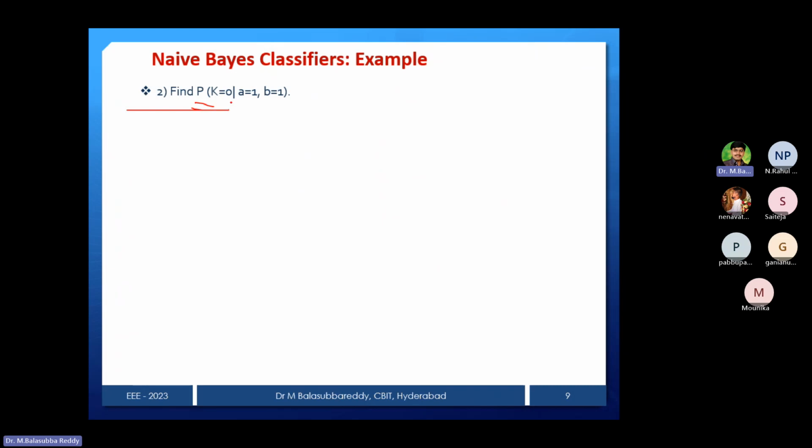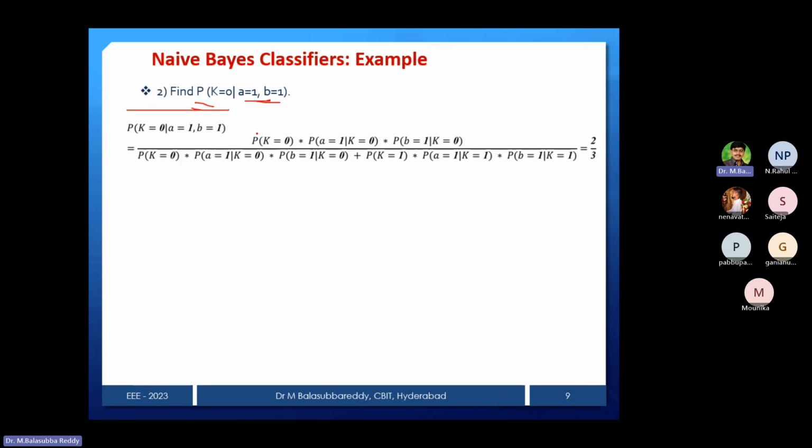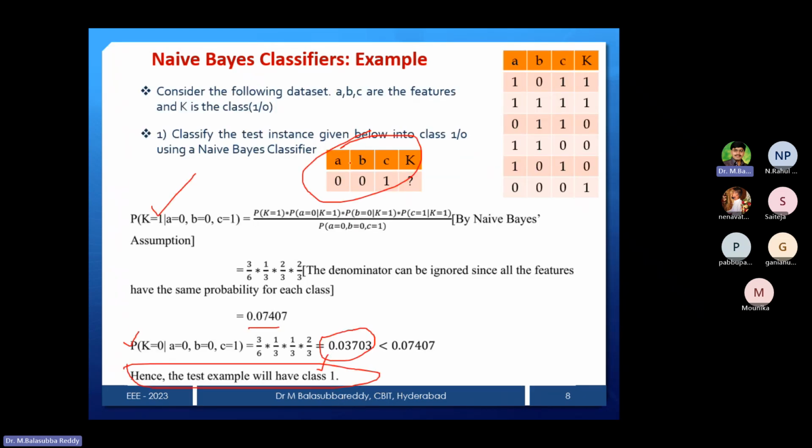Find the probability of k equal to 0, but only two features are available. Let A equal to 1, B equal to 1. You can repeat that problem. You can see k equal to 0 instance and A equal to 1 and B equal to 1 with the k equal to 1 notation. We can write the formula, and from the table you can identify these two combinations: K is 0, A is equal to 1 and B is equal to 1.